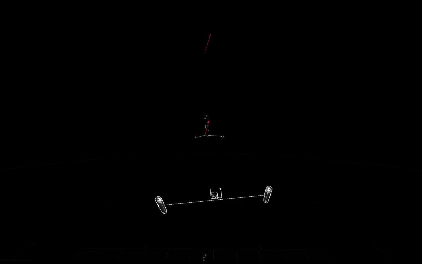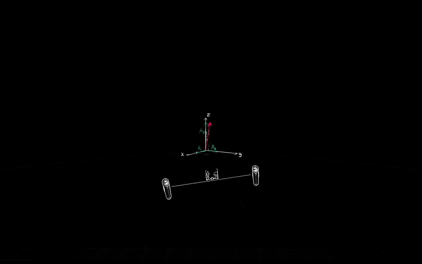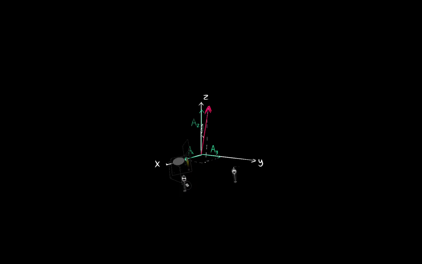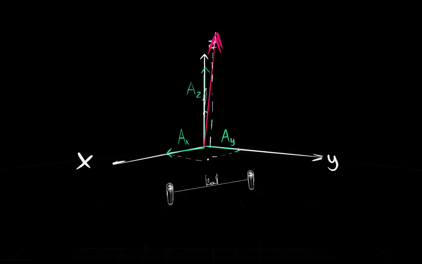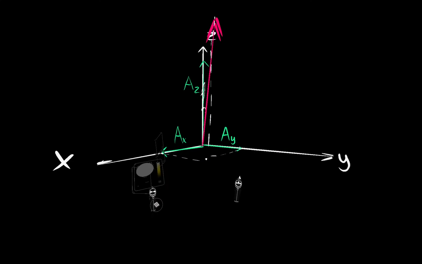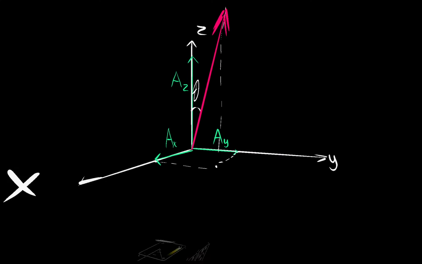We need to go further. So here, we've identified the component vectors that make up this vector. So this red vector A is an amount AX in the X direction, an amount AY in the Y direction, and an amount AZ in the Z direction.